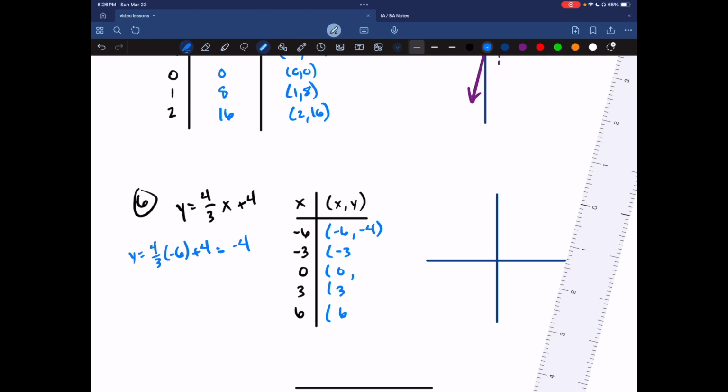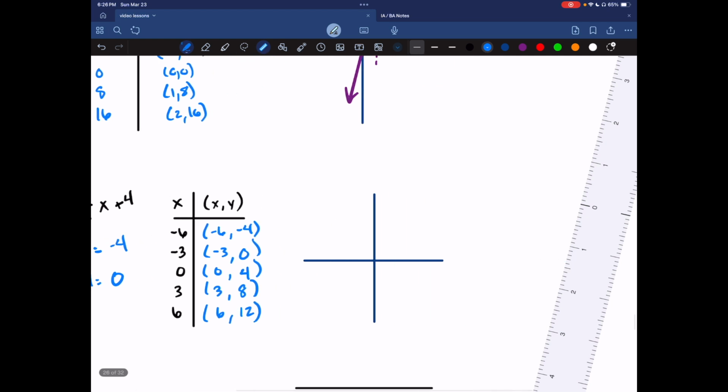When you plug in 3 or negative 3, you're going to get 0. 3 goes into negative 3 negative 1 times, times 4 is negative 4. Negative 4 plus 4 is 0. If you keep working this down, you're going to find that this is 0, this is 4, 8, and 12.